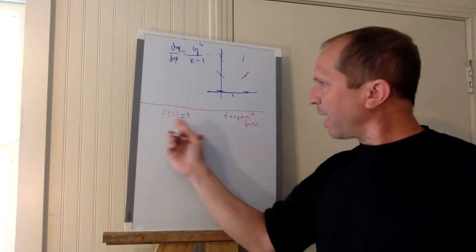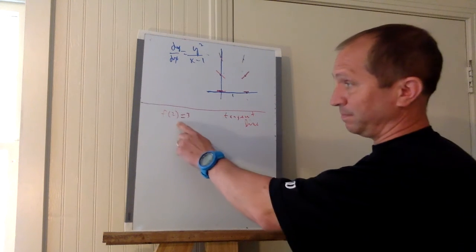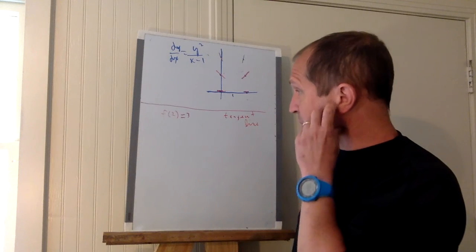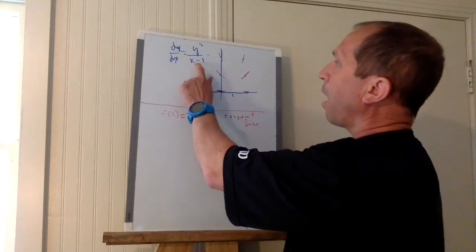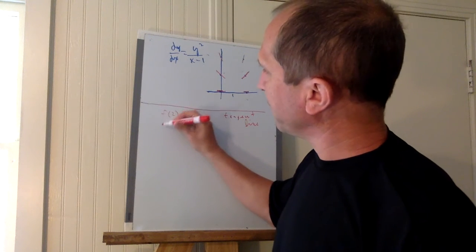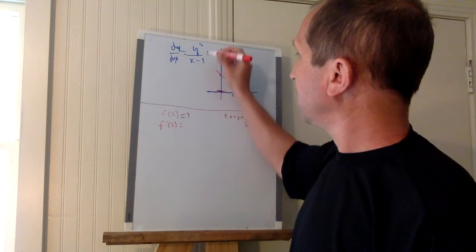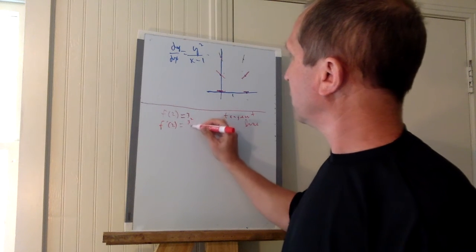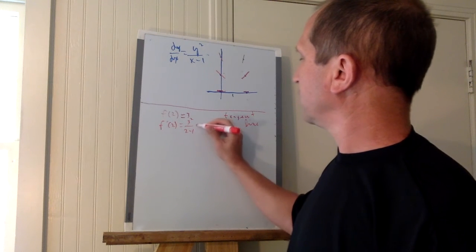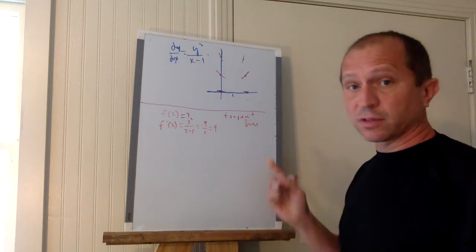How do you go about finding the slope at that point? Well, you need the derivative. I wonder what the derivative is. Oh, wait, the derivative's right up here, isn't it? So f prime of 2 would be 3 squared over 2 minus 1. So it would be 9 over 1, which is 9. So we have the slope.